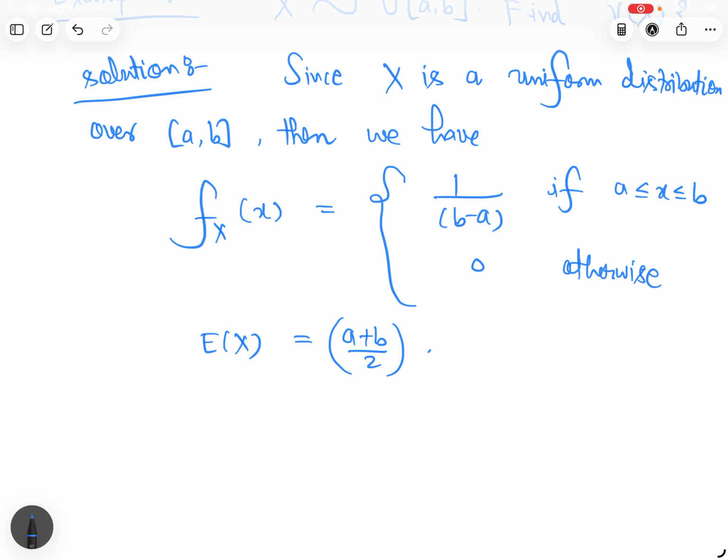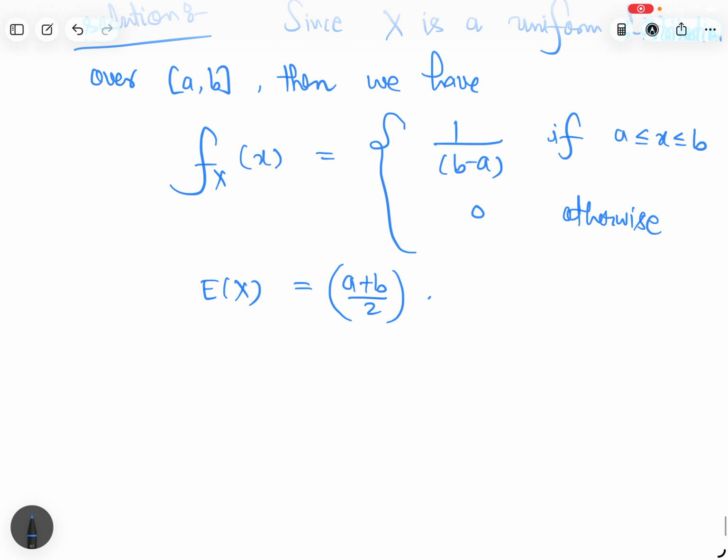Now we have to find the variance. So variance of X will be what? Variance is always equal to E[X square] minus (E[X]) square. E[X] we already know. We need to calculate E[X square]. We will put both the values here and calculate the variance of X.